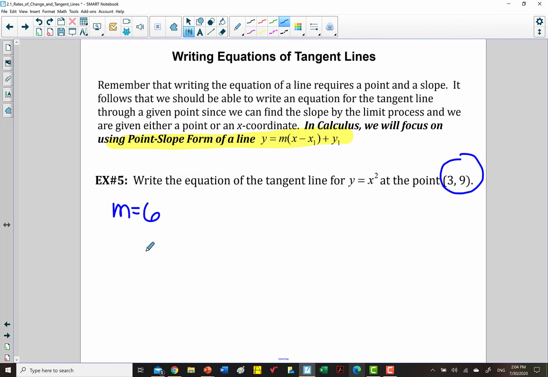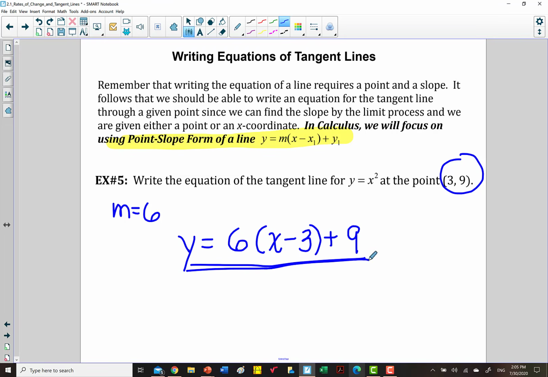So the equation for my tangent line is y equals the slope times x minus 3 plus 9. That's the equation for the tangent line at the point 3, 9 on the parabola x squared.